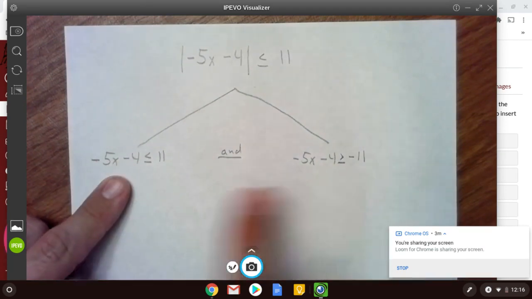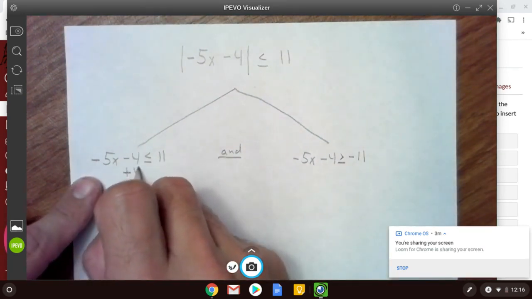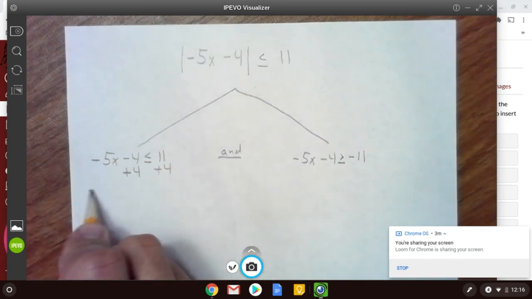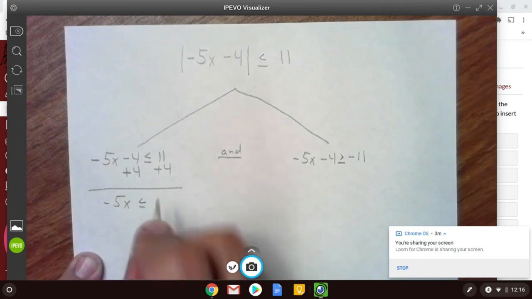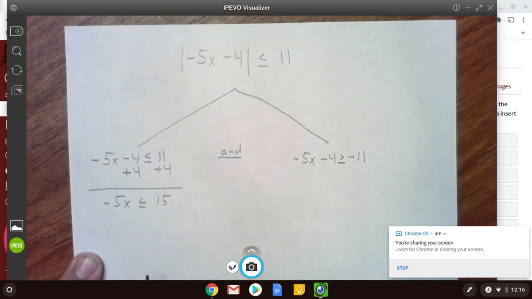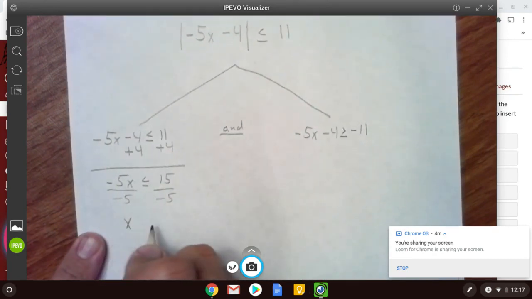For both of these, actually, we're going to be adding 4 to both sides. So we get -5x is less than or equal to 15. Divide both sides by -5. Because we divided by a negative, we need to flip our sign.